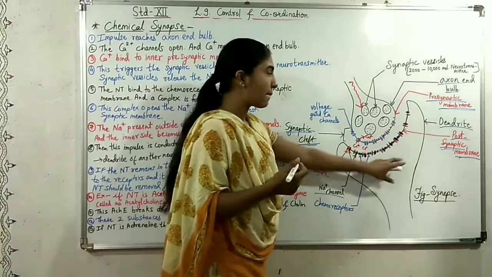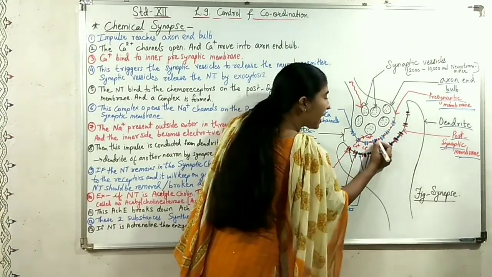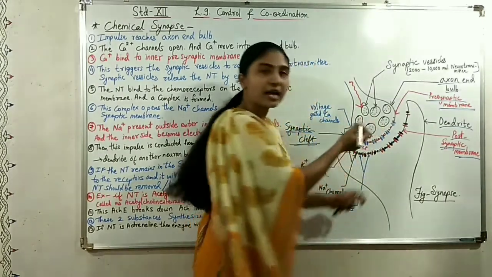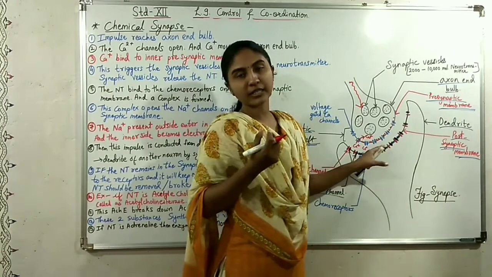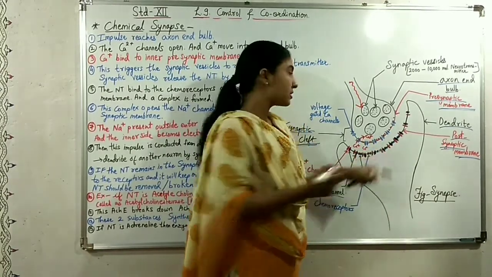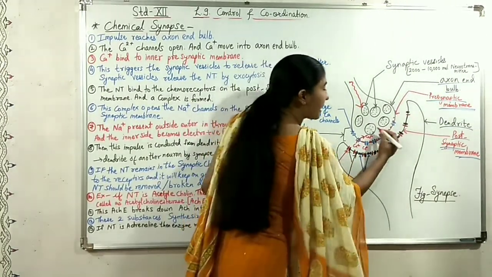As these calcium ions bind to the inner side of the presynaptic membrane, this binding triggers the synaptic vesicles.